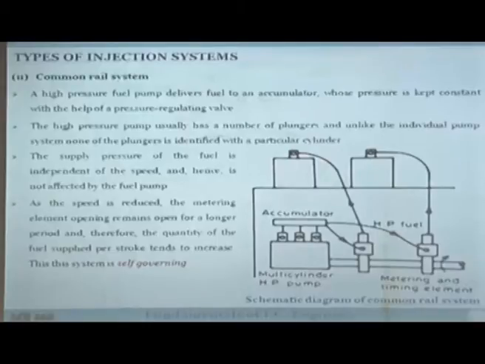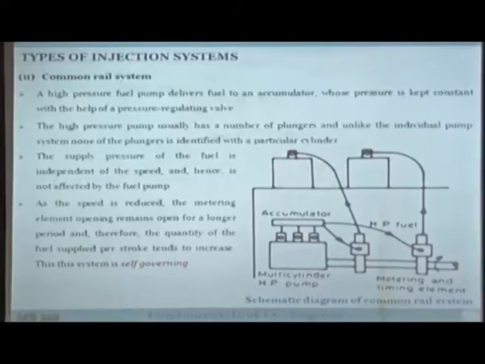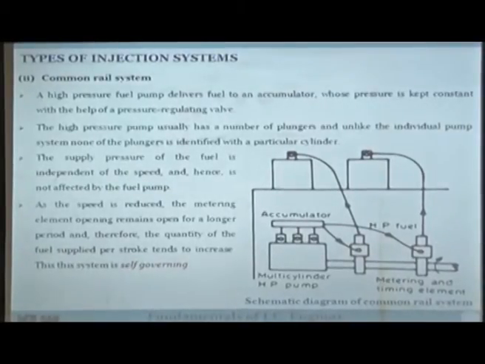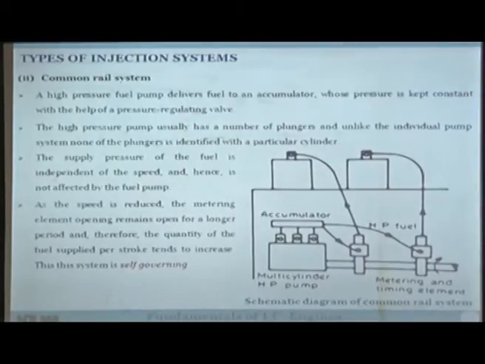From this it goes to the injector. Now from this it is going to the second injector, and there could be a third injector, a fourth injector. The advantage here is that each of the cylinders is now getting the fuel supply at the same pressure.